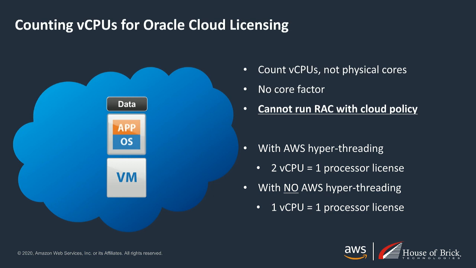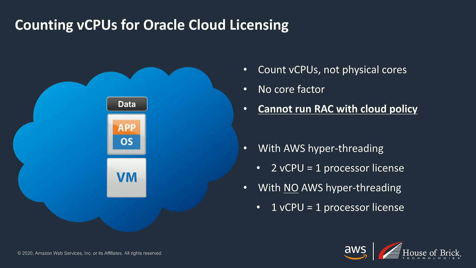And generally, Intel family processors on the x86 architecture were very price-friendly in that regard. So the cloud policy licensing instead says count vCPUs, and there's no core factor ratio to be applied, just count up to figure out how many processor licenses you're using.